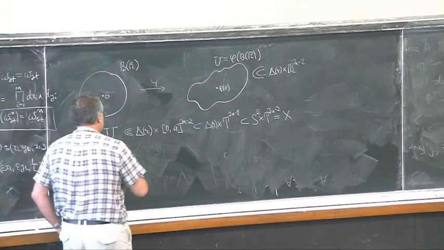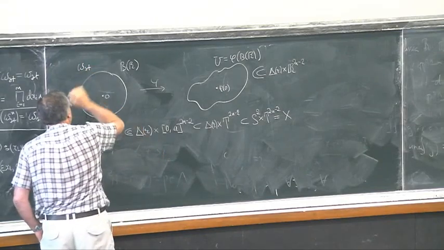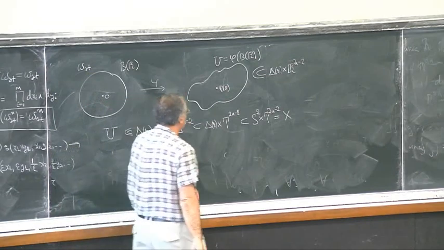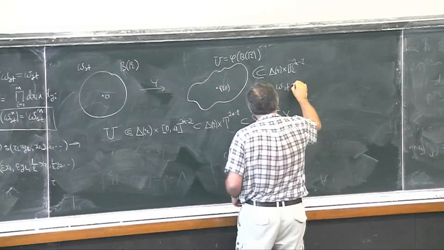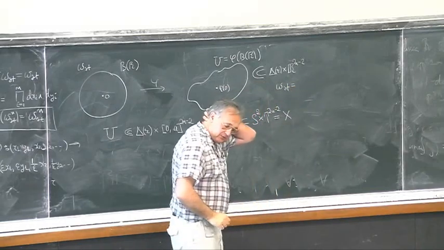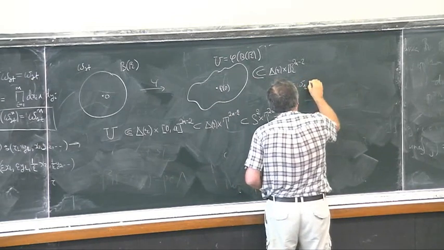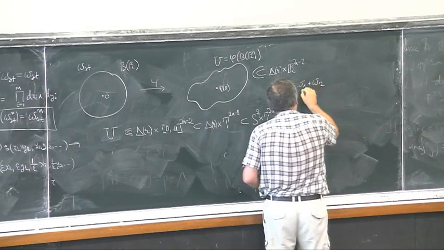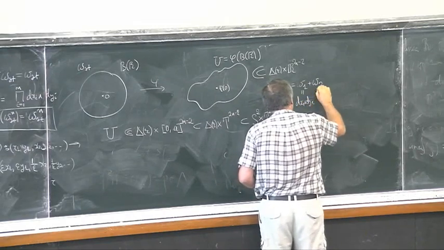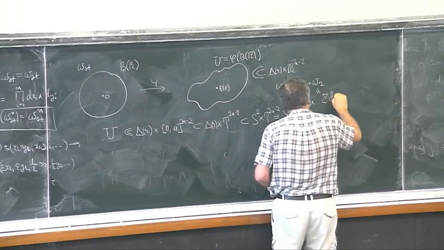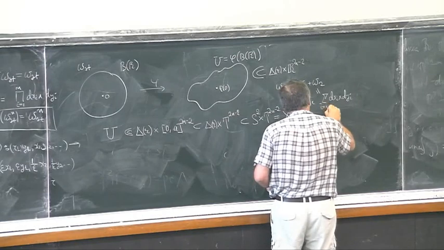Now, in both ends, here and there, we have a standard symplectic form. We write this symplectic form as omega 1 plus omega 2, where omega 1 is dx1 dy1, and omega 2 is the rest, dxi times dyi.